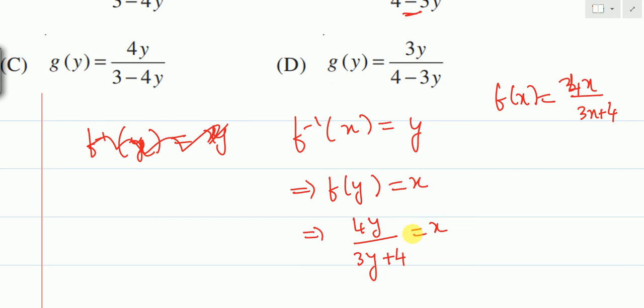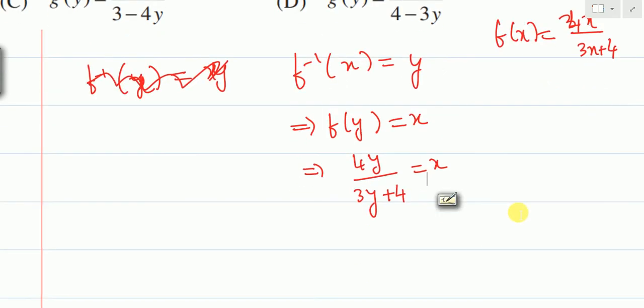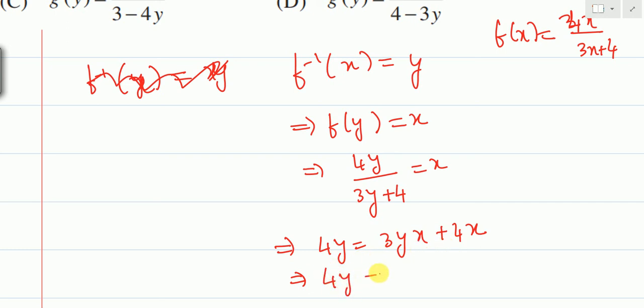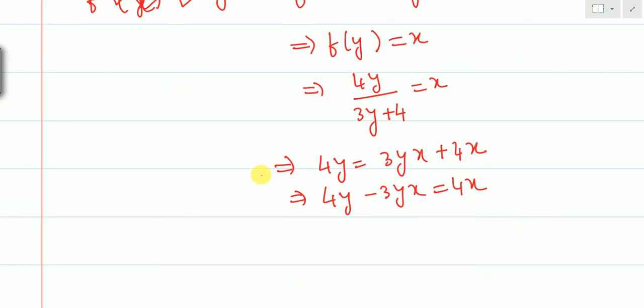Now let us solve for y so that we will get the required inverse. That implies 4y is equal to 3y into x plus 4x. So I need to solve for y now. So that I will take it as 4y minus 3yx is equal to 4x anta tagoltini. Iga now I can take y common.